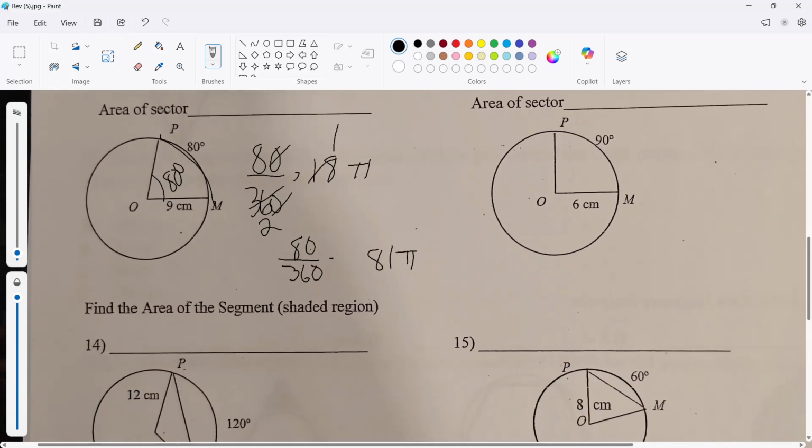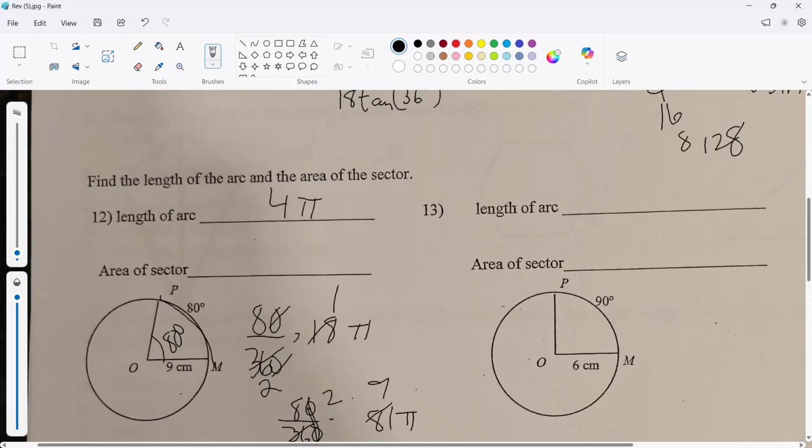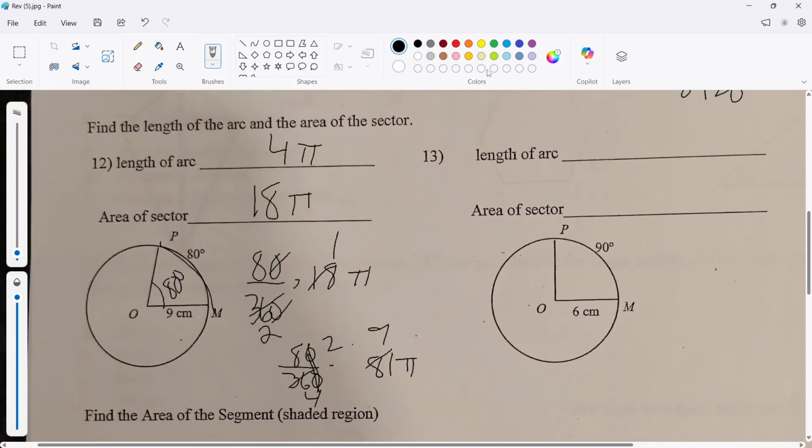So let's see. 9 goes into 81 9 times, 9 goes into 36 4 times. I got rid of the zeros. 8 over 4 is 2. 2 times 9 is 18. 18 pi. Let me double check that.